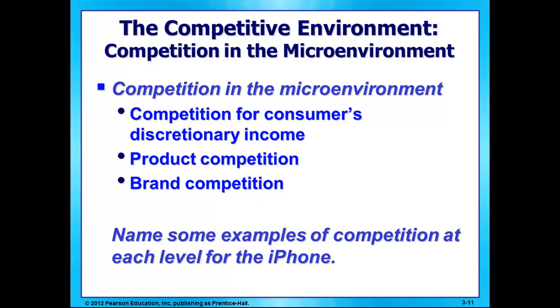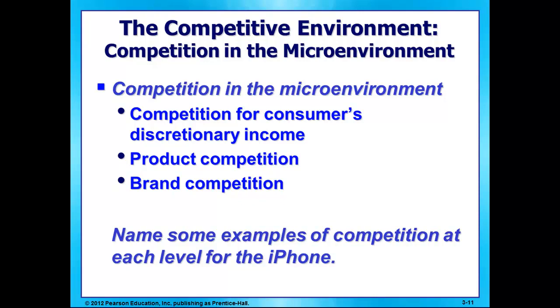At the second level of competition is product form, sometimes referred to as product class competition. Product class competition is between competitors that provide different ways of solving the customer's underlying need.